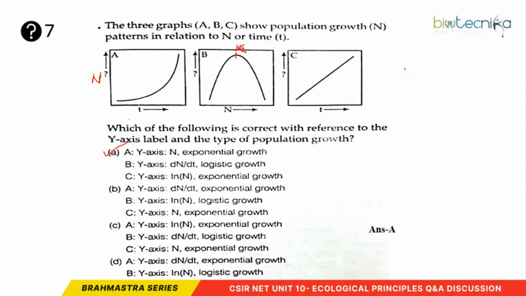Logistic growth, normally we get the sigmoid growth curve, isn't it? But this is when you have dN by dt on the y axis. Okay, and this is again an exponential growth when you take ln of N with time.